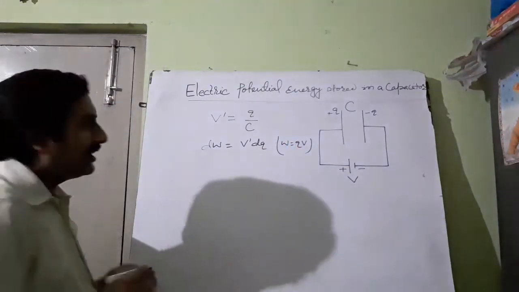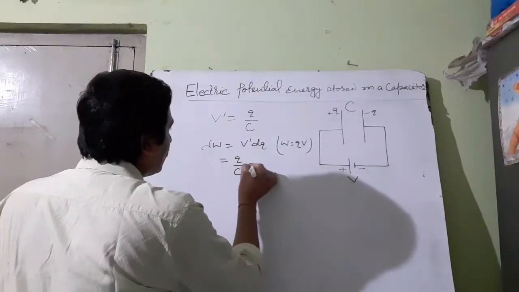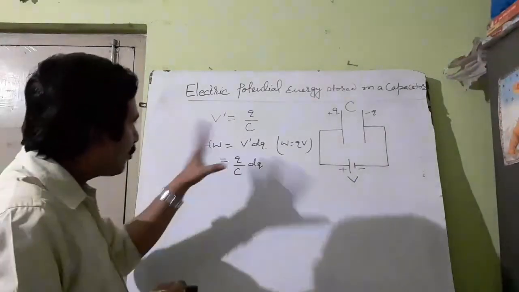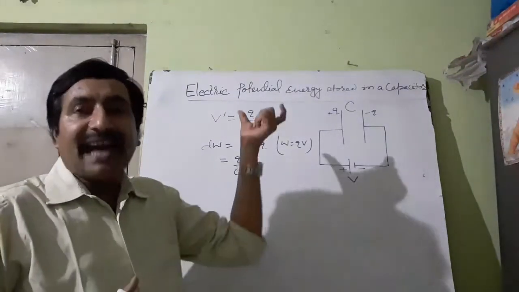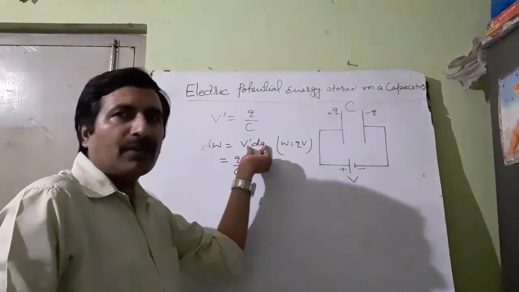So V dash dQ. Here V dash is Q by C at that moment. So this is Q by C dQ. This is the amount of work done in charging the capacitor through a small amount of charge dQ.